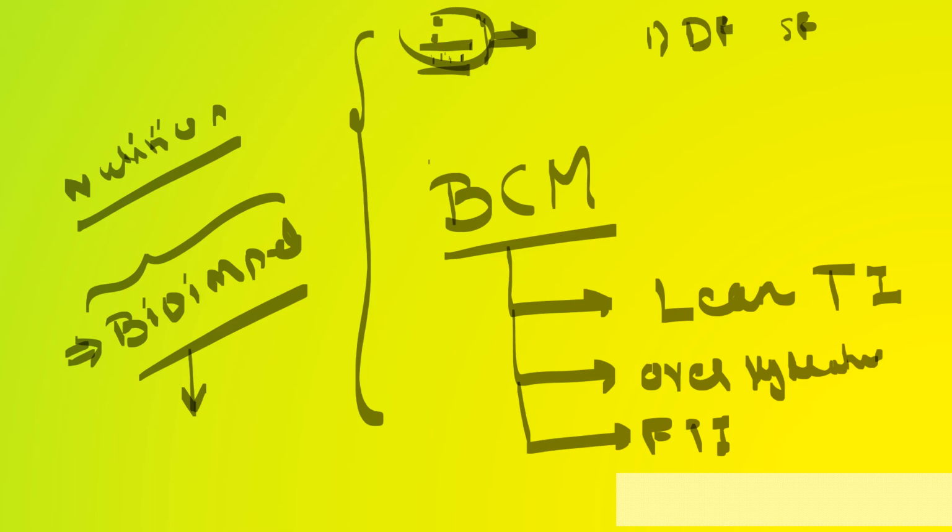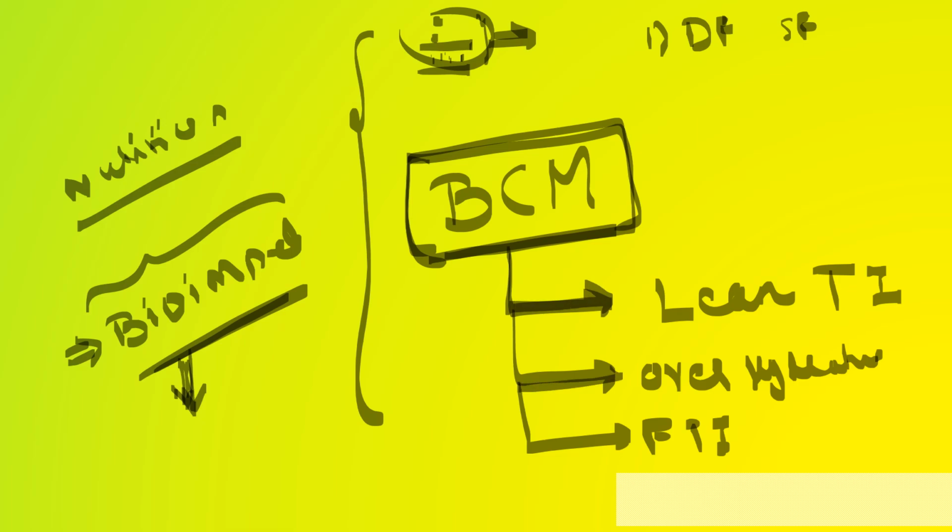So I hope that is clear. Using bioimpedance technology, the body composition monitor is going to detect in the patient what the lean tissue mass is, how much water is more in the body, and how much fat mass is there. This is what the report is going to give.